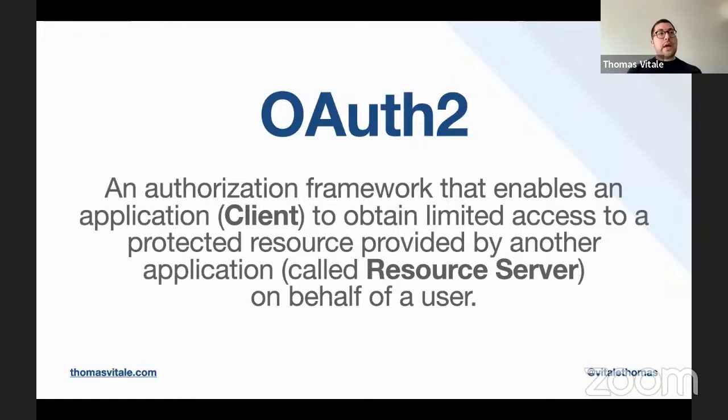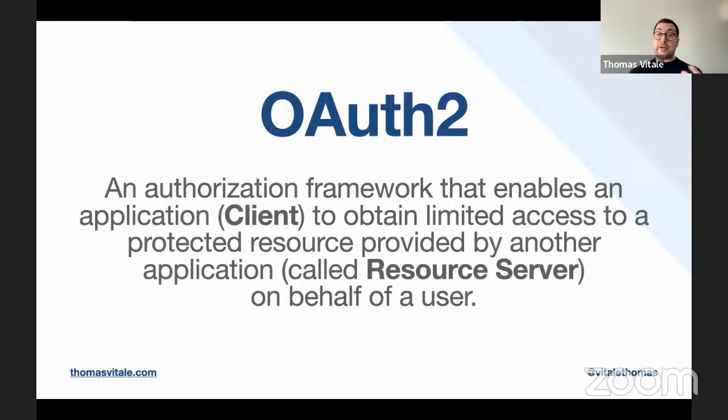Think about using an application that lets you schedule tweets on your Twitter profile. This application would need access to your Twitter account in order to post tweets on your behalf, but you don't want to share credentials with this third party. OAuth2 is a solution to that problem because you can delegate access without sharing credentials.